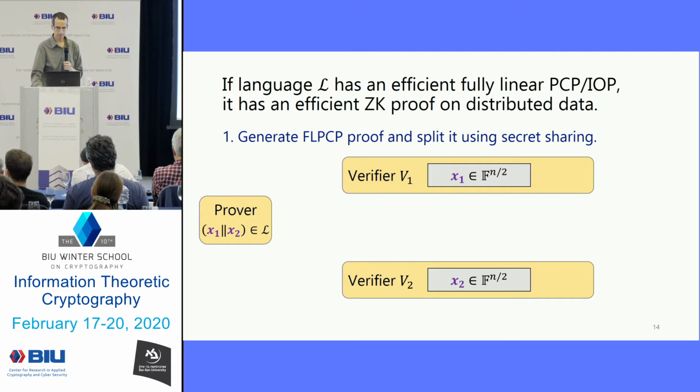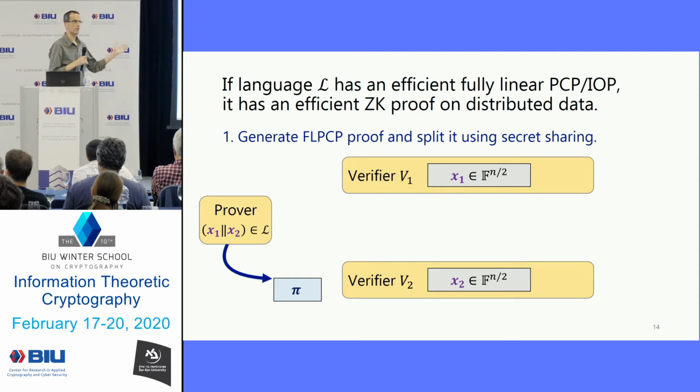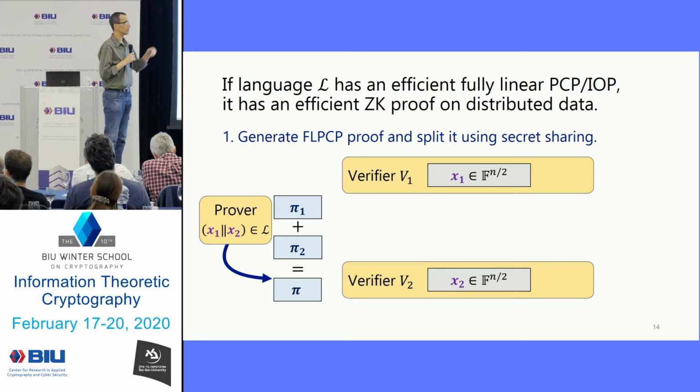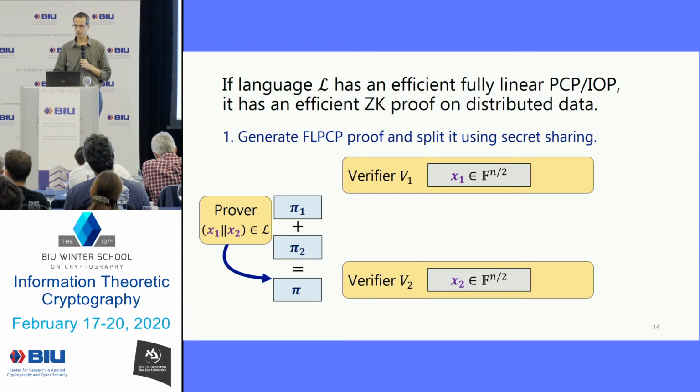So here's what it does. It has a proof pi, right? Because we assume there's some efficient PCP, so it can produce this pi. It takes pi and shares it into pi 1 and pi 2, and distributes pi 1 to v1 and pi 2 to v2.